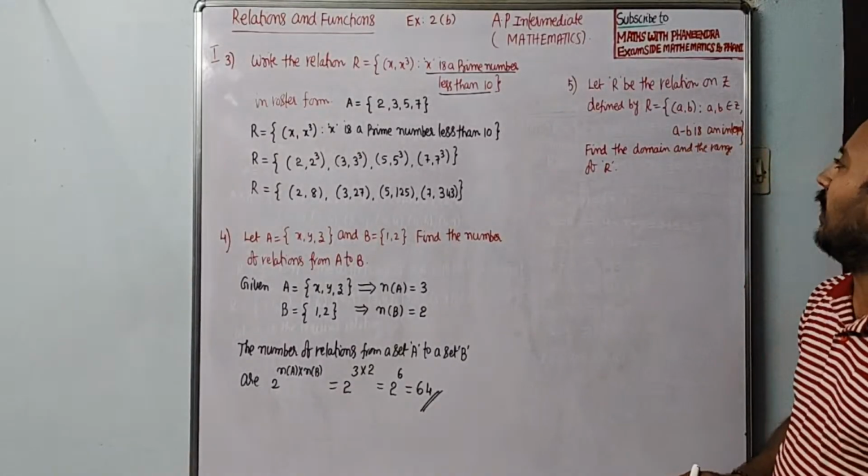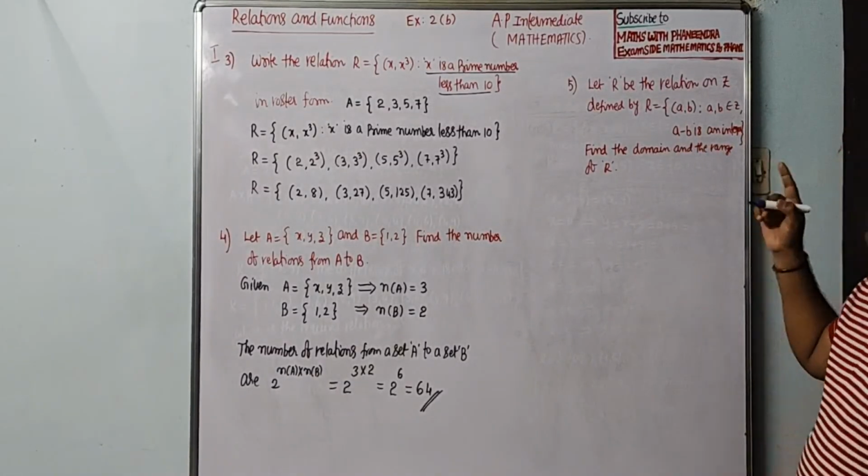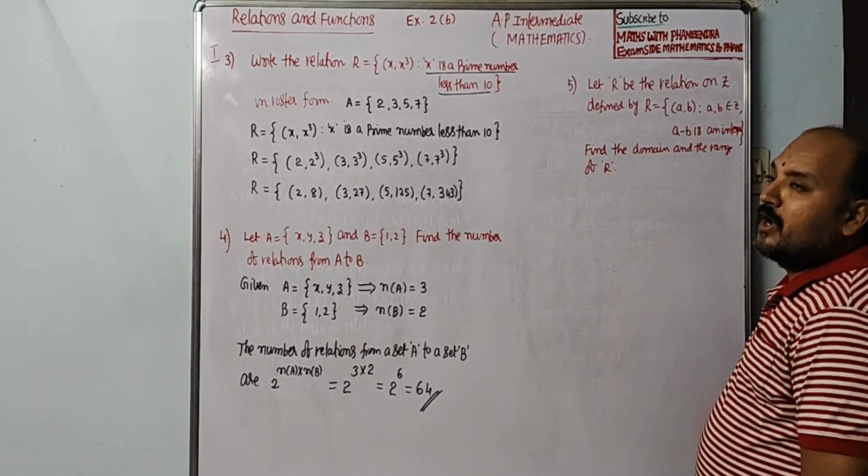Come to the question number 5. Let R be the relation on Z defined by R equal to.